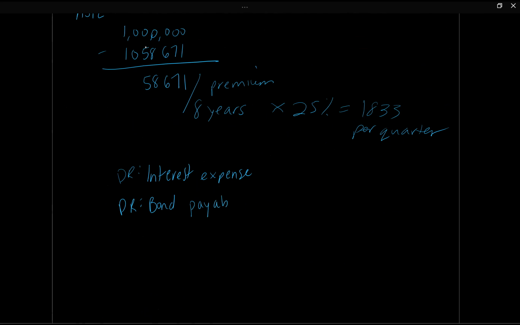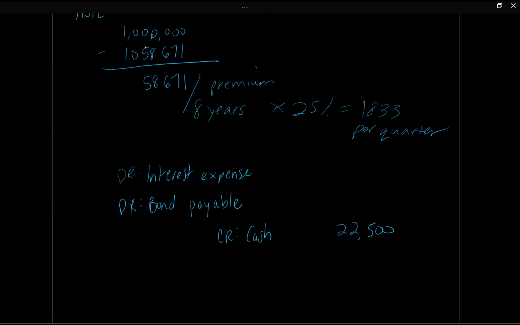And then our credit is going to be to cash. So we know the bondholders need to receive $22,500. It's still $1 million bond, and it still pays out interest at 9% quarterly. So the bondholders are going to record $22,500. Doesn't matter which method we're using. They're going to receive that.